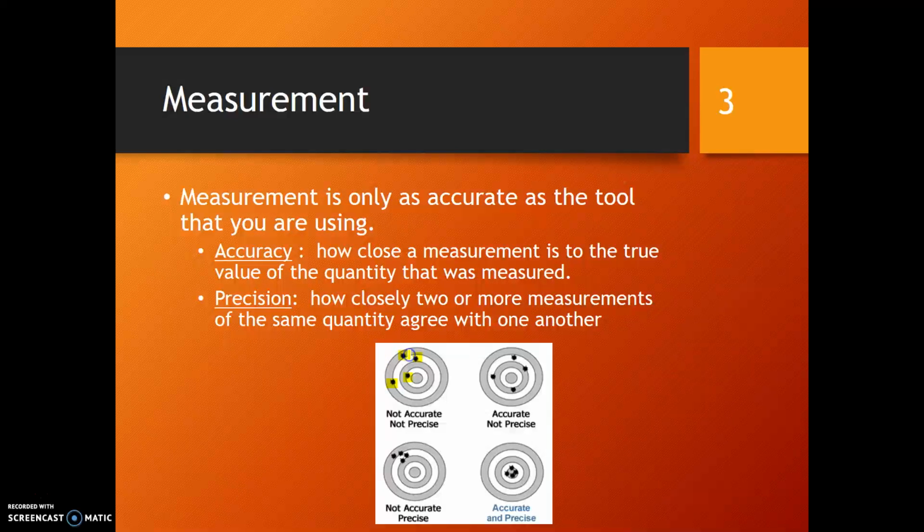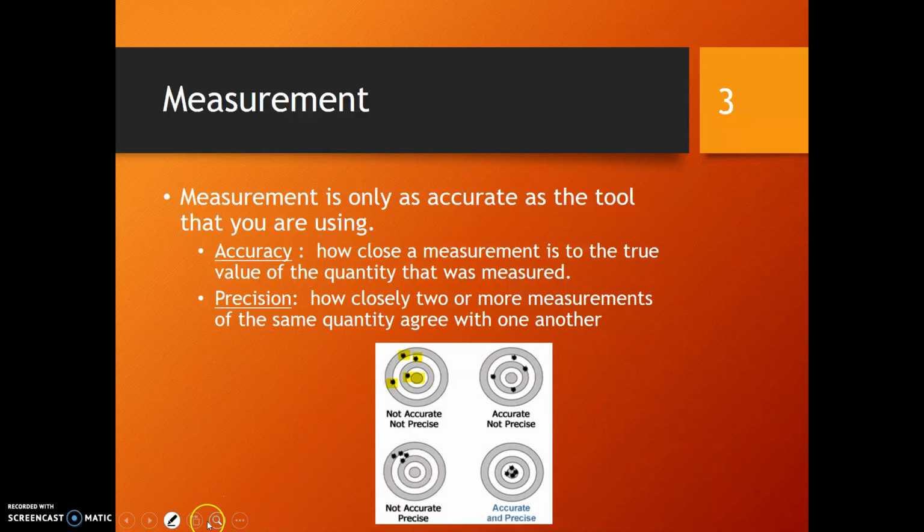None of them are near each other, and none of them are near the thing that you want, which is this part right here in the middle, the bullseye. So we would say that not only was it not accurate because it wasn't close to the true value, but whoever threw these darts weren't close to each other either. So it would be like taking a measurement 4 times, and none of the 4 times were the measurements near each other, nor were they near the true value of the bullseye.